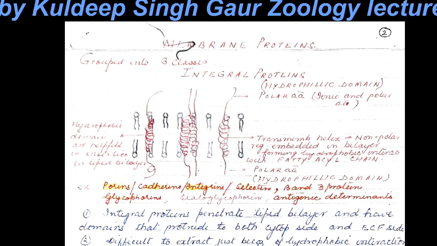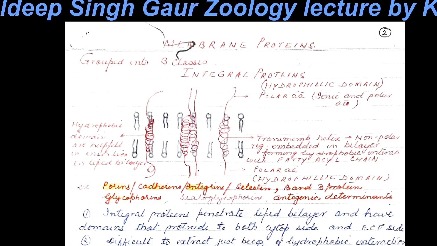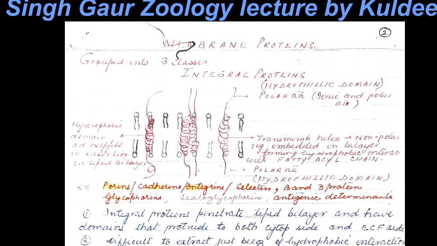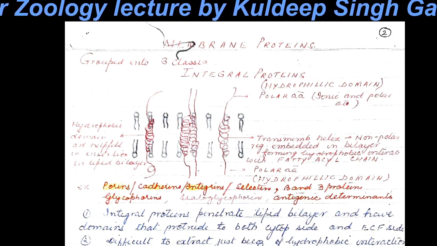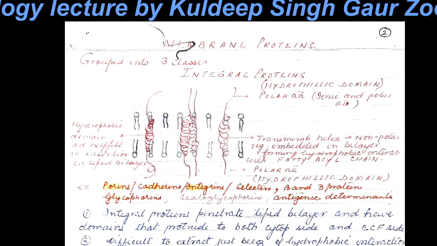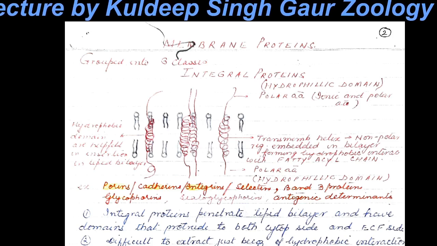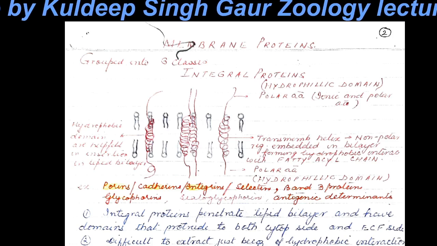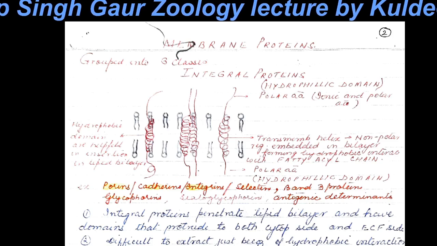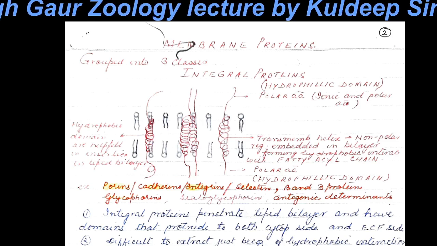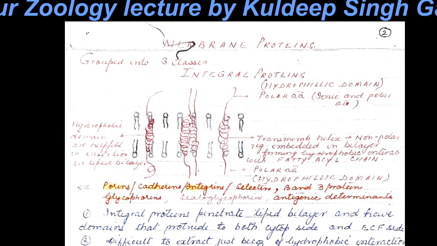The examples of the integral proteins which are present in the plasma membranes are porins, cadherins, integrins, selectins, band 3 proteins, glycophorins, sialoglycophorins, and there are certain antigenic determinants also.